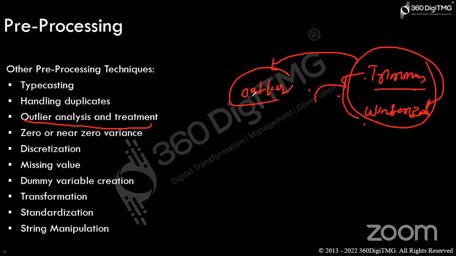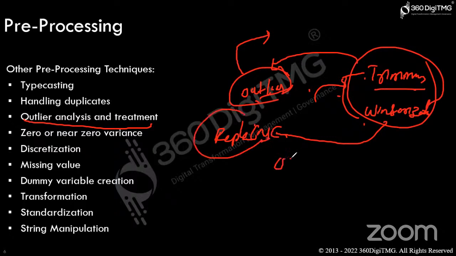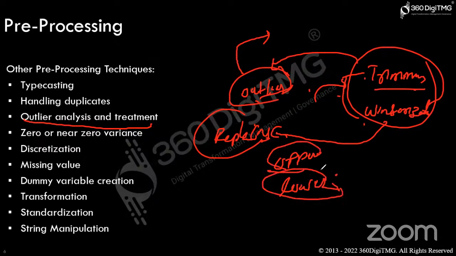I mean, in that case, you will be losing the data as well. And when it comes to winsorization, we will be replacing those extreme values with the upper limit and lower limit. What are the upper limit and the lower limit?